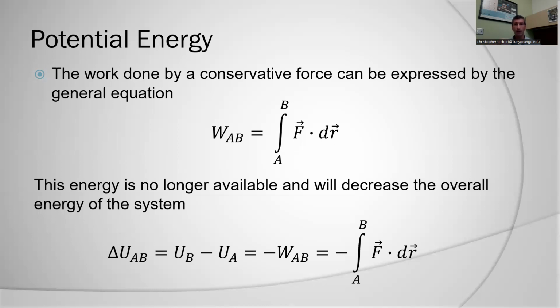But with a conservative force, we know that earlier on we defined the work done by a force by this general equation right here: the integral of F dot dr, starting at point A, ending up at point B. If we say that this is the work that can be done on an object, if we have a force doing work on an object, that energy has to come from someplace.